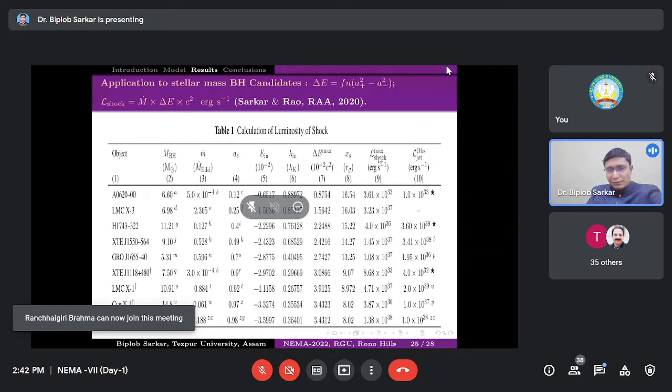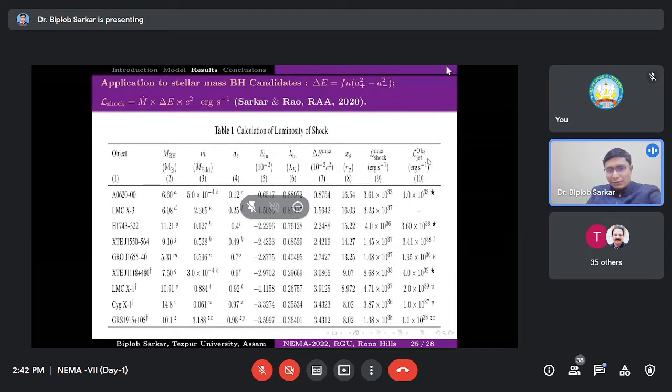We compared the maximum shock luminosity calculated from our model with the radio jet kinetic power from the literature, and for most of the cases we find close agreement between the shock luminosity predicted from our model and those observed in the literature.